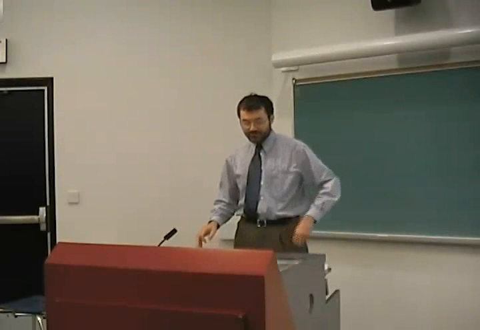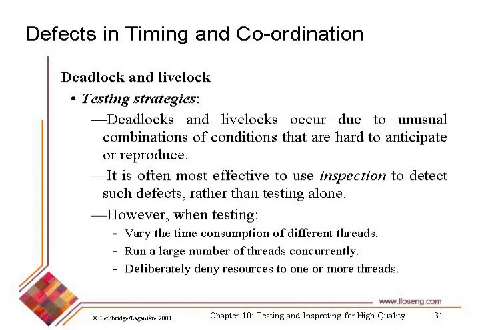and deadlocks. The only thing you can do with testing is to verify certain kinds of properties, maybe in white box testing, you might be able to set some things up. You can try varying the time consumption of threads, slowing threads down to try and increase the time span in which these deadlock situations can arise, running large numbers of threads to increase the chance, or just doing very bulk testing, testing huge amounts of transactions over and over again, to see if eventually you'll stumble into one of these cases.